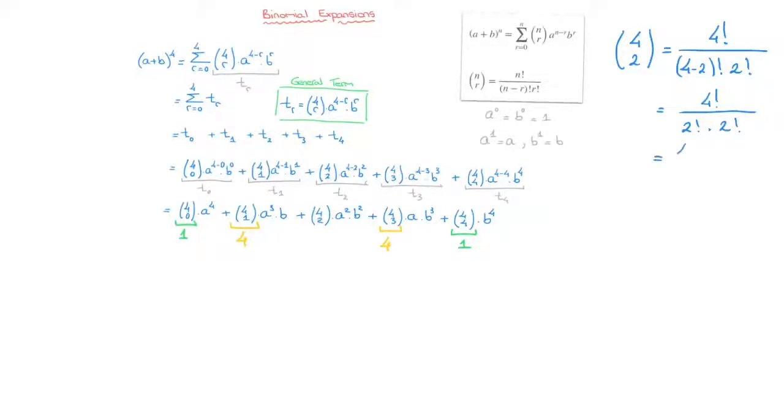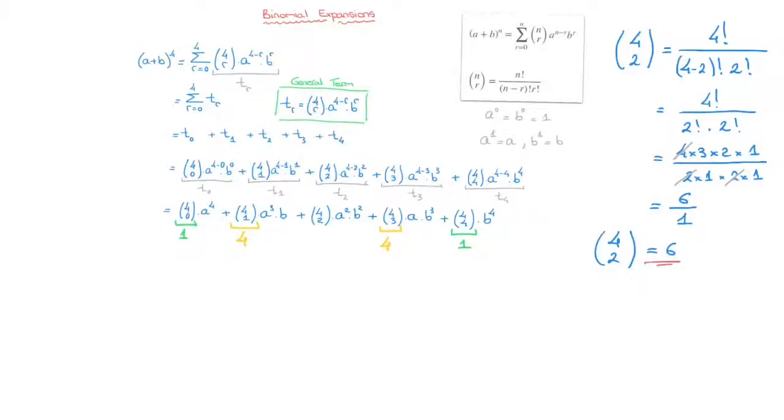That's equal to 4 times 3 times 2 times 1 over 2 times 1 times 2 times 1. And at this stage, we can see that things simplify quite nicely. Indeed, the 2 times 2 on the denominator cancel out with the 4 on the numerator, leaving us with 3 times 2 times 1 on the numerator, so that's 6, over 1 times 1 on the denominator, which is 1. In other words, the binomial coefficient 4, 2 is equal to 6.